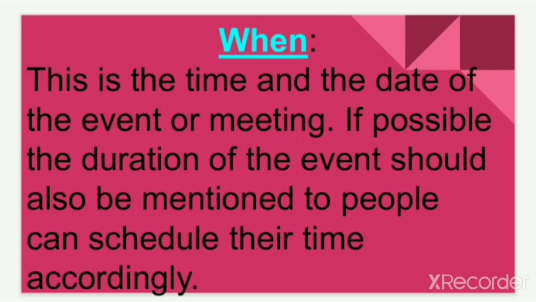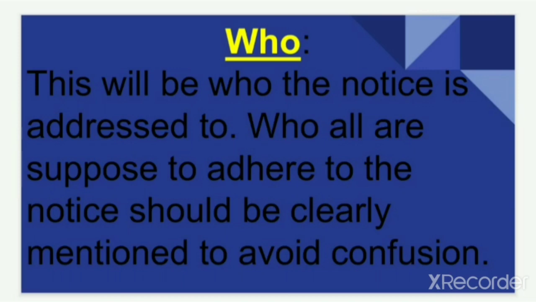The third W is when. This is the time and the date of the event or meeting. If possible, the duration of the event should also be mentioned so people can schedule that time accordingly. After that, the next W is who. This will be who the notice is addressed to.